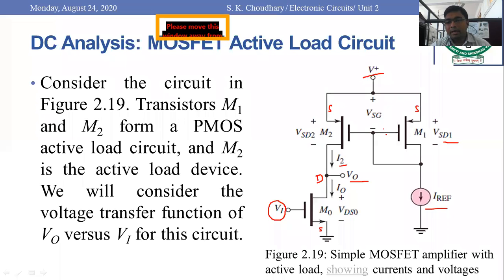Because the gate of M1 is shorted with the drain of M1. But on the other side, the output of this particular current mirror load, VSD2, the voltage across the source and drain terminal of M2, is nothing but V plus minus V0. And the current flowing across the drain terminal of M2 is I2, and that is the same current because both are in series. I2 you can consider as I0.